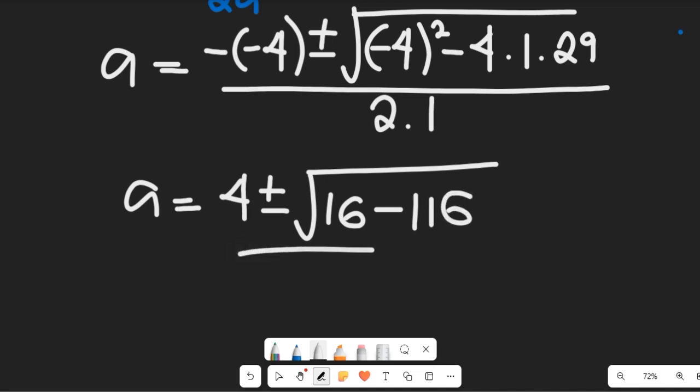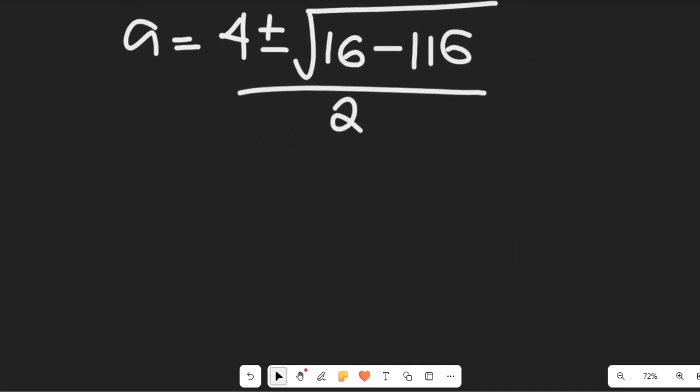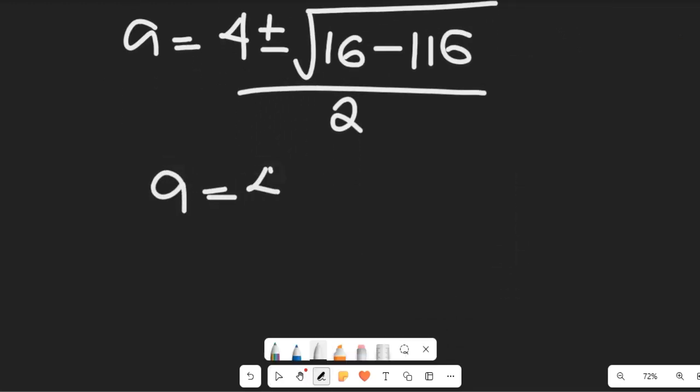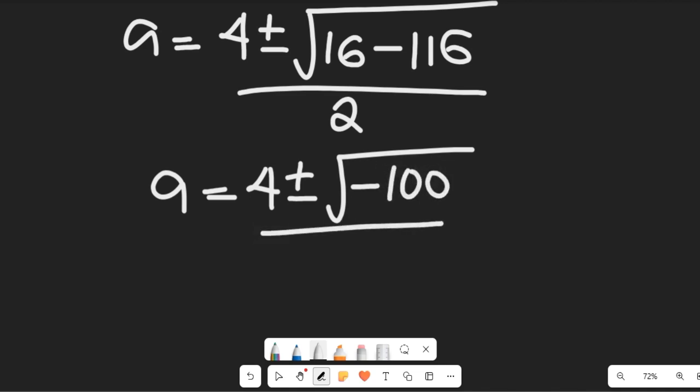And all of these will be divided by 2. So if I simplify this, I'm going to have my a equal to 4 plus or minus the square root of, this is going to subtract to give me minus 100, right? And this will be divided by 2.